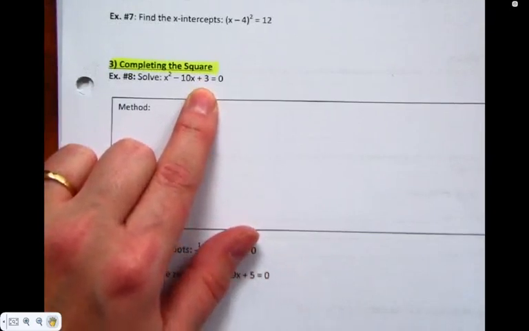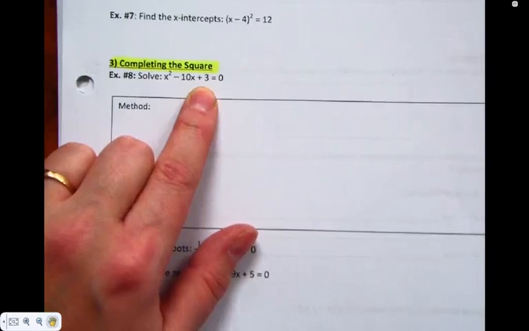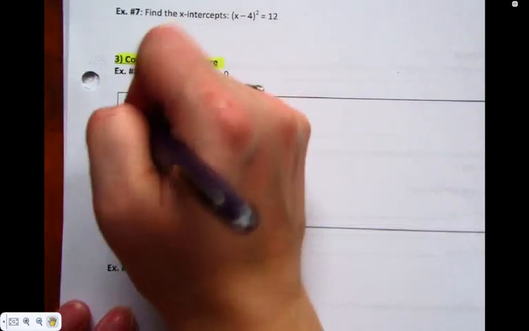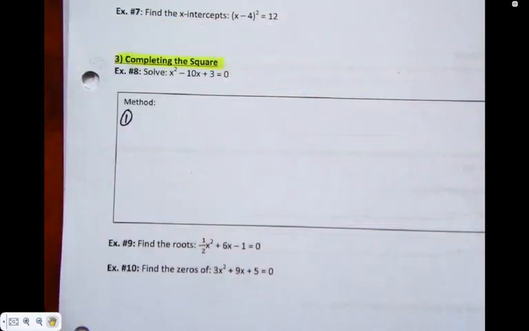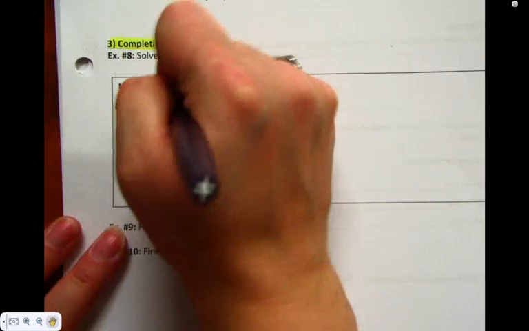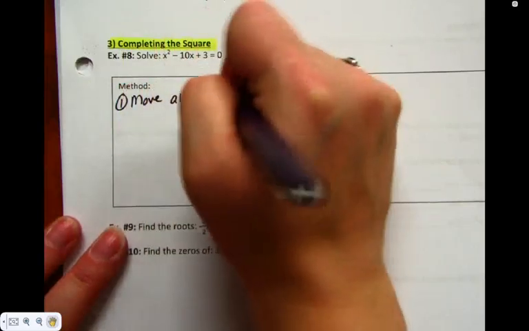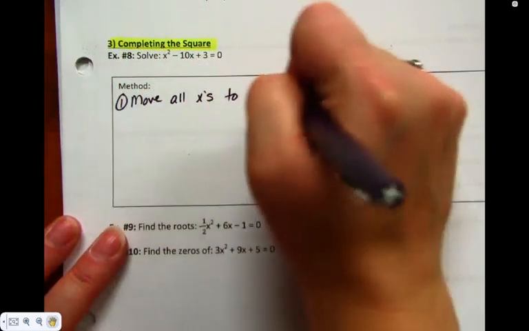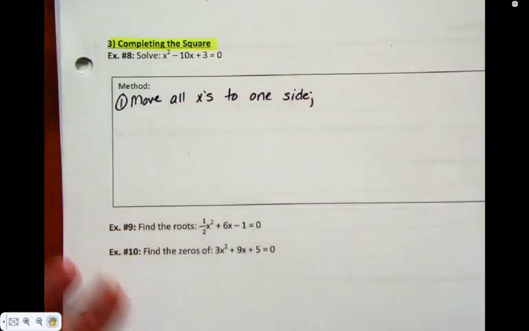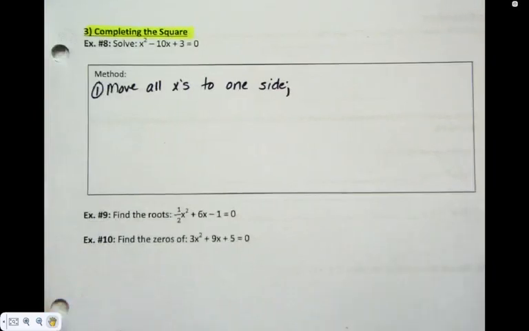So what I'm going to do is fake the question out and cheat just momentarily. Okay, it's called completing the square. Step number 1, which isn't going to make sense till we do it, so don't panic. First thing is move all x's to one side; semicolon, because I kind of enjoy using a semicolon.